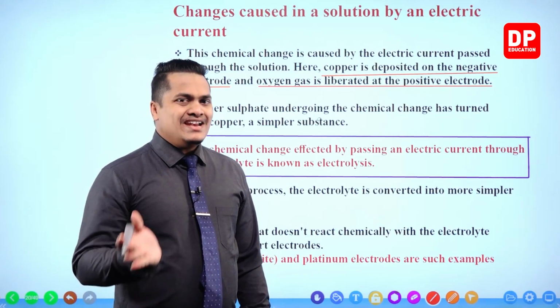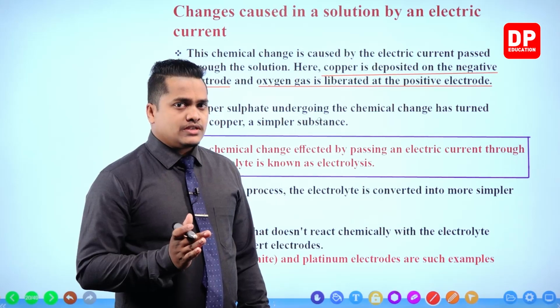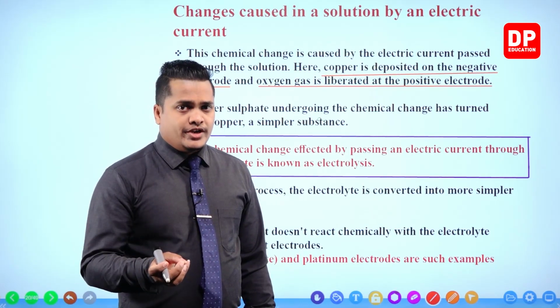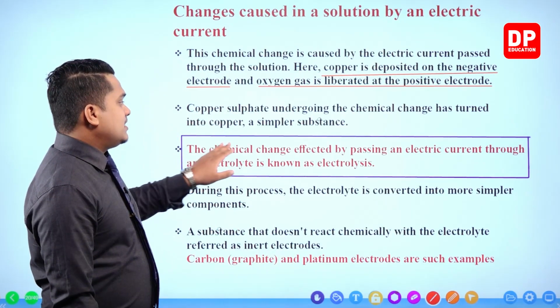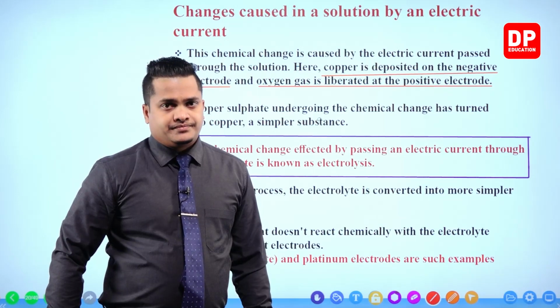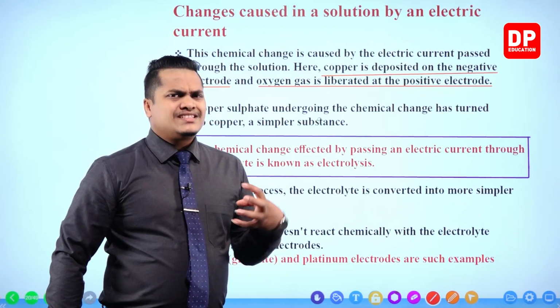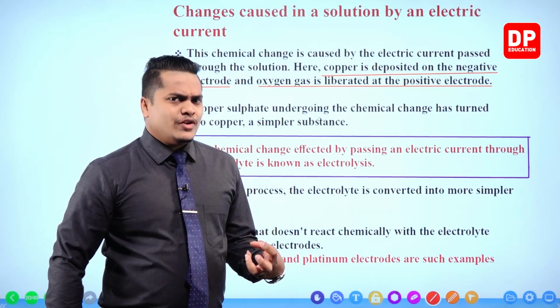When providing electricity, my dear children, through inert electrodes, the electrolysis process is going to happen. What is electrolysis? Electrolysis is the chemical change effected by passing electric current through an electrolyte. So what is the result? What kind of chemical reaction is going to happen?